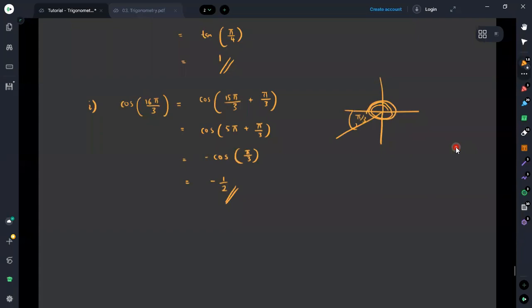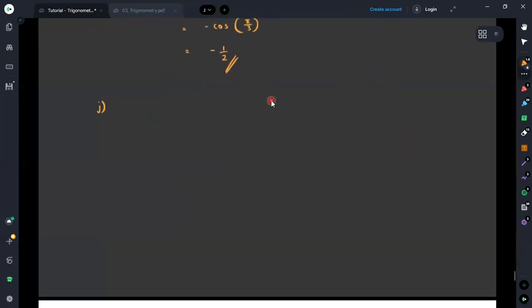Next I will take the consideration of part J. Here we are asked to find the value of sine of minus 5 over 3. Here it is measured in the clockwise direction.